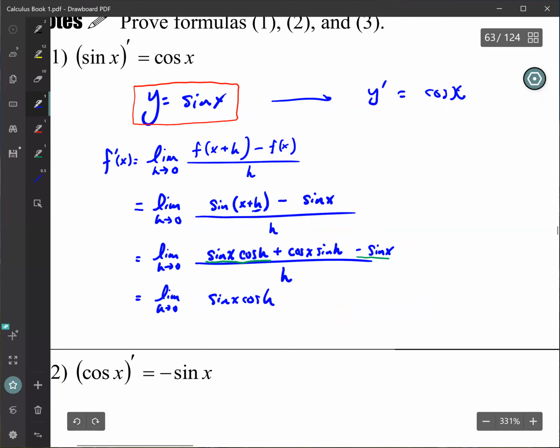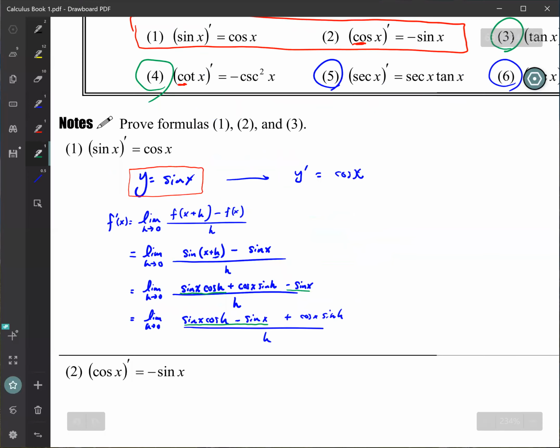Right? And they both have sine x, so I can factor.